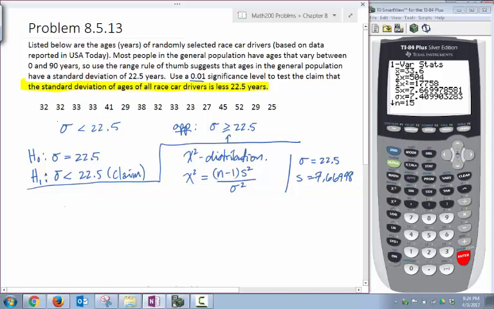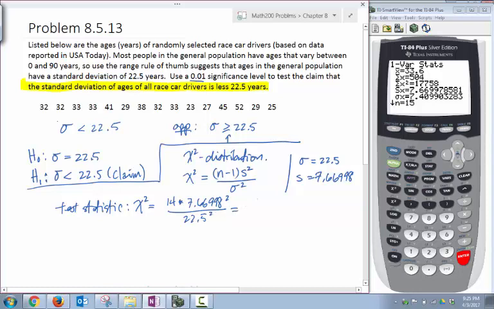Let's find our test statistic. For that, I'll go into the calculator. I have n minus 1. Well, let's write it out first. There are 15 numbers here, so n minus 1 is 14. Then I want to multiply this by s, which is 7.66998, squared, and then divide by 22.5 squared.